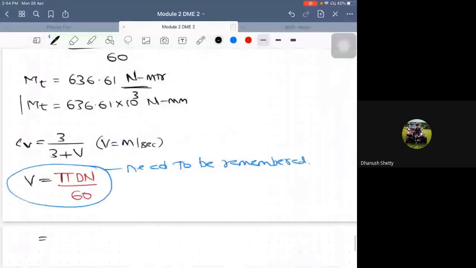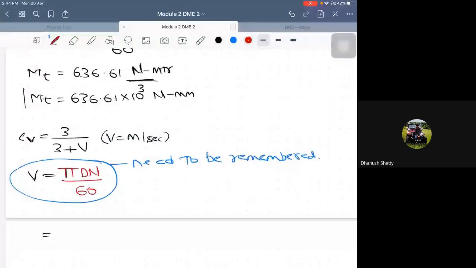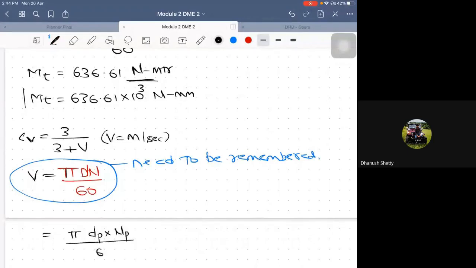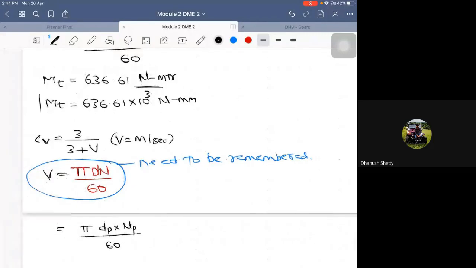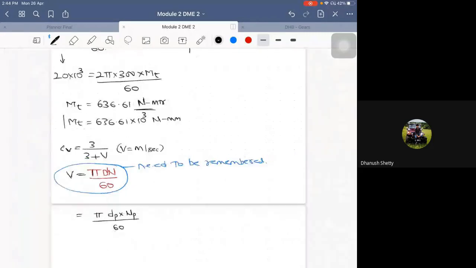Pinion, is it? So I would just write π dp cross np divided by 60. Do I have the value of dp? I don't have it, isn't it?